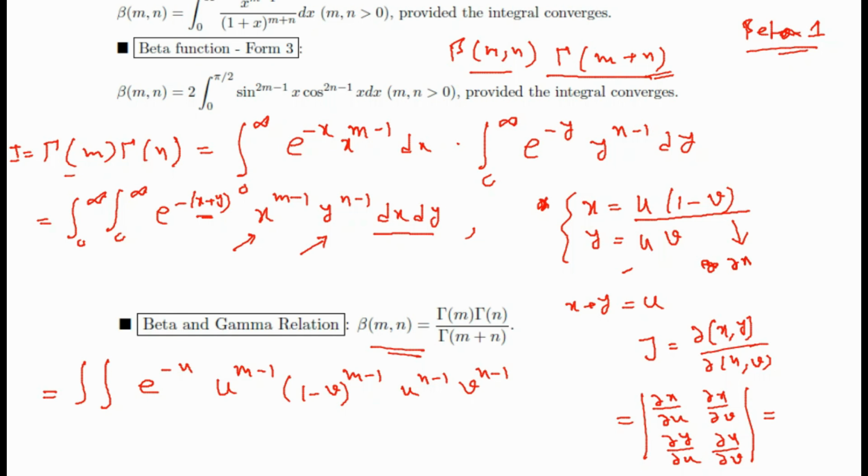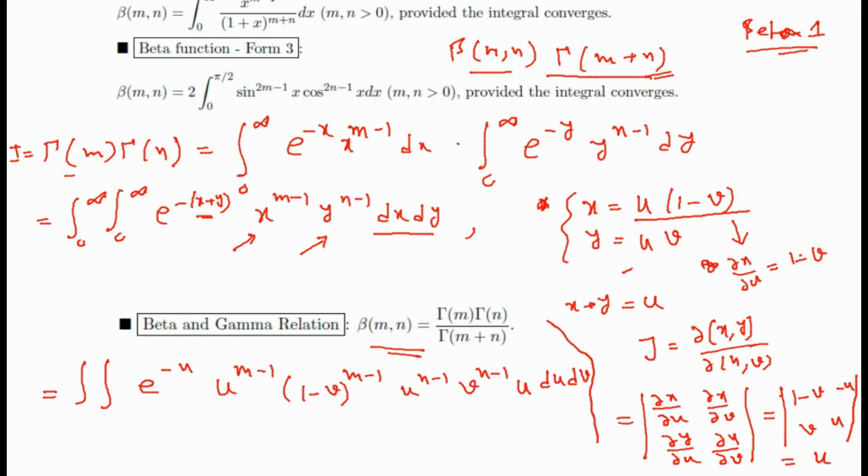Here del x del u will be 1 minus v, del x del v will be minus u, and ultimately you will get u. So this is u into du dv in the integration.